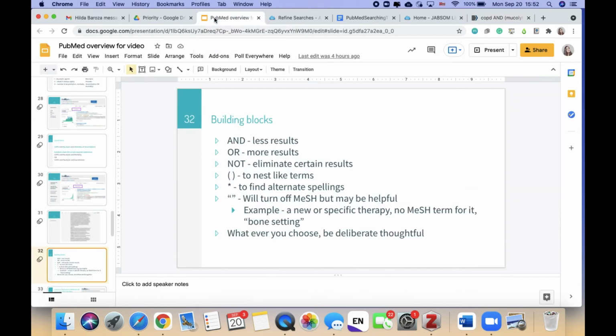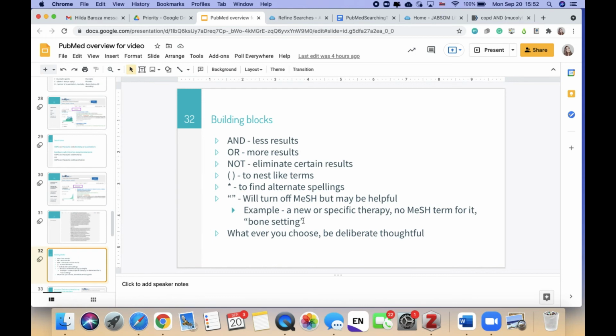Let's see, our quotations now. So in the beginning, I said to be careful about using asterisks or quotations because it does turn off MeSH. But there are times when it may be useful. So one example would be if your topic is bone setting. This was a topic that there wasn't really a specific MeSH term for.